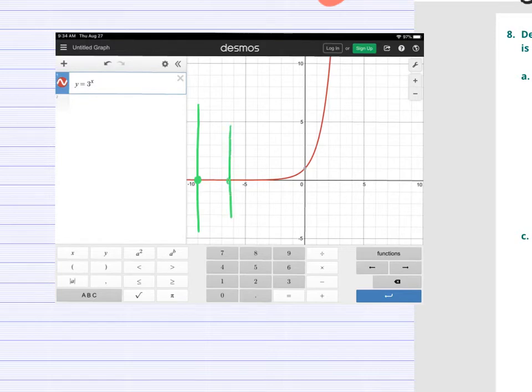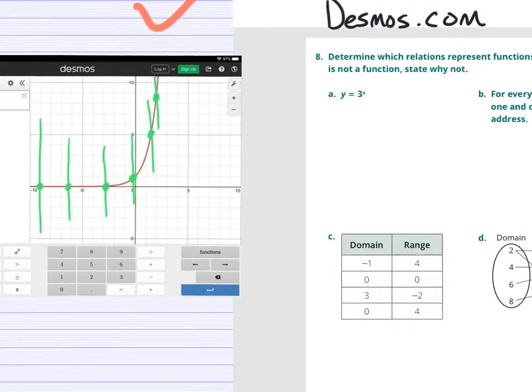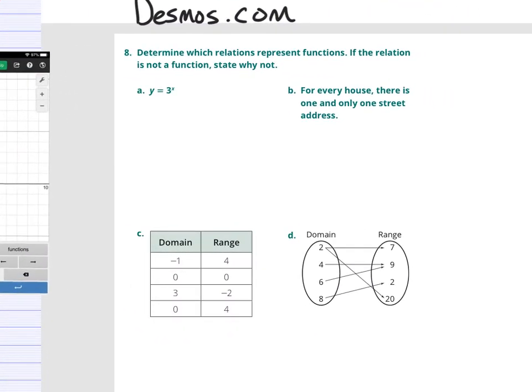If I draw it anywhere, each vertical line will only hit once. I will never be able to draw a vertical line and hit twice. So therefore, this is considered a function because I could only draw a vertical line and hit once.